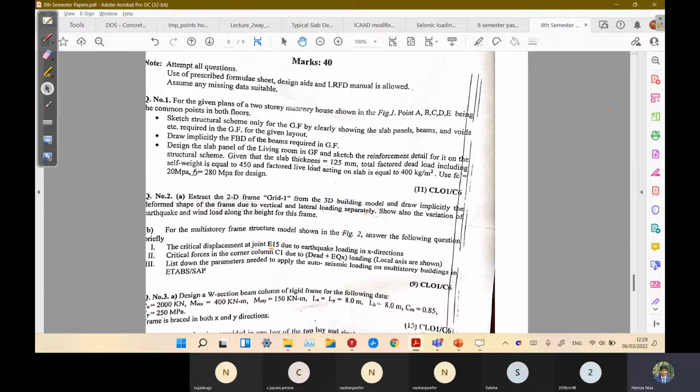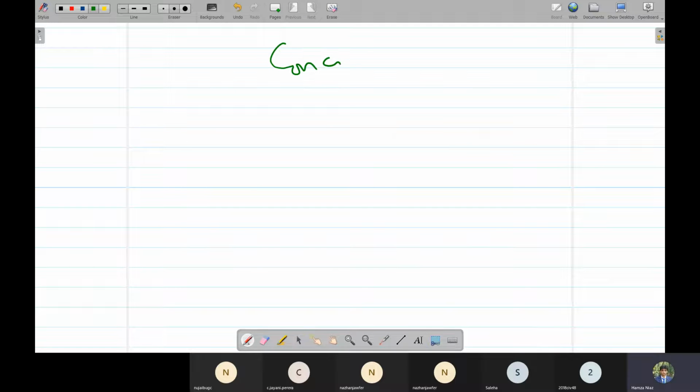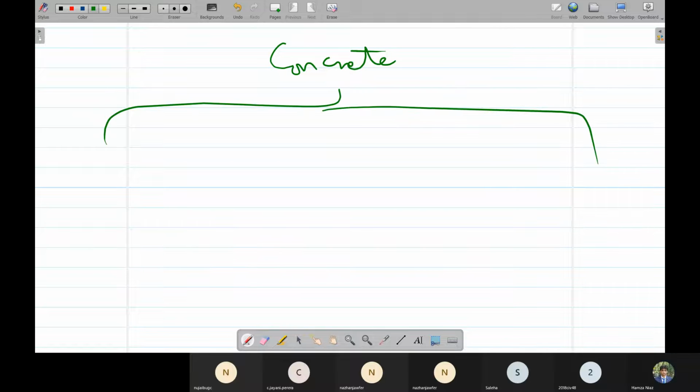So, concrete part. In the concrete part, we have two major portions. First one is design of a residential building, and the second one is a commercial building.